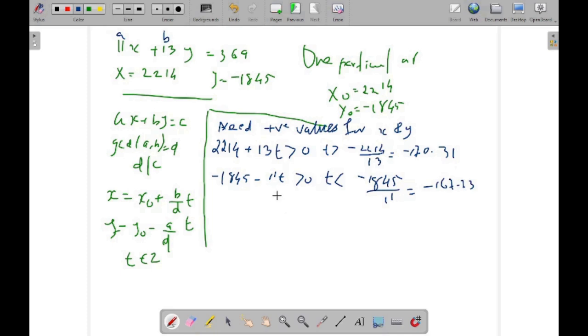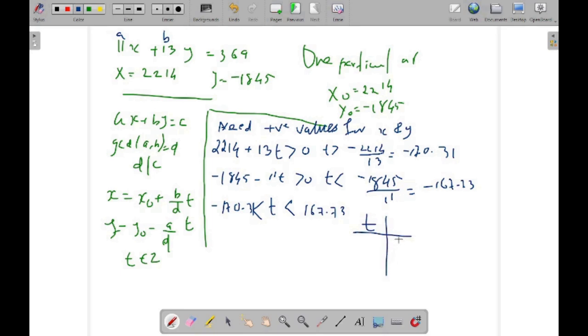So our t should be less than minus 167.73, and t should be greater than minus 170.31. So t will have some possible values.